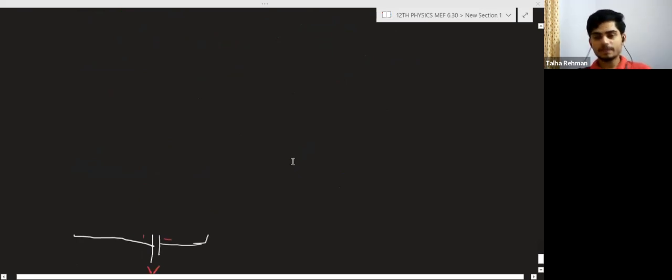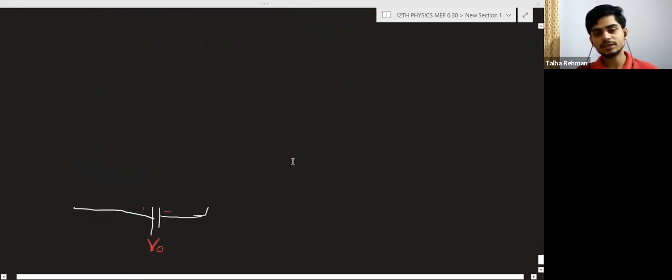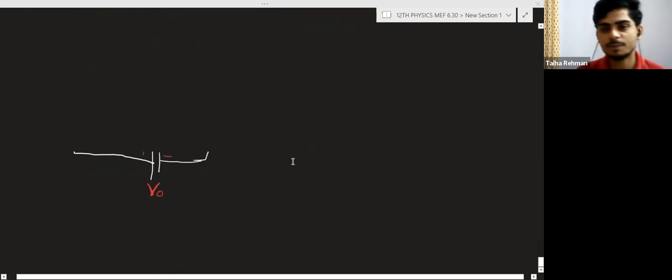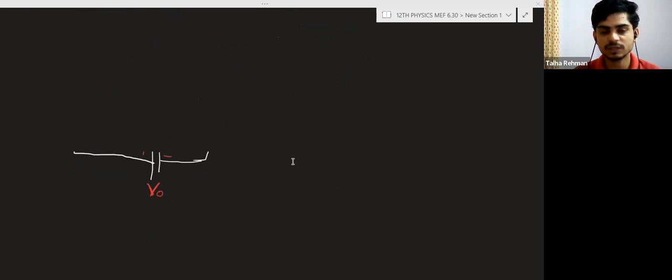Whenever the battery remains connected, it means that the potential difference or voltage across the capacitor will remain same, will not change.